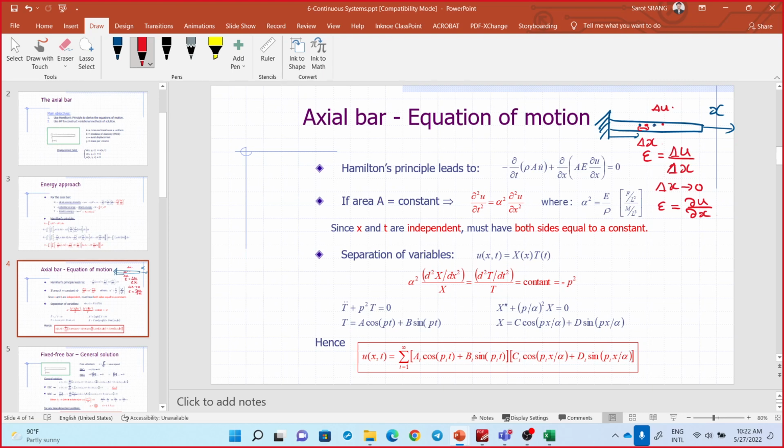So the displacement U is a function of H and time.